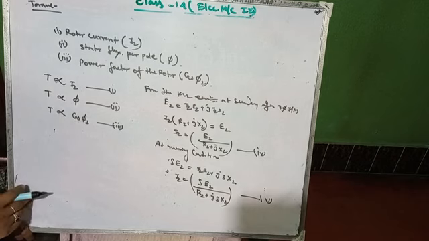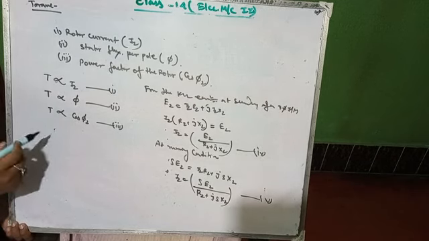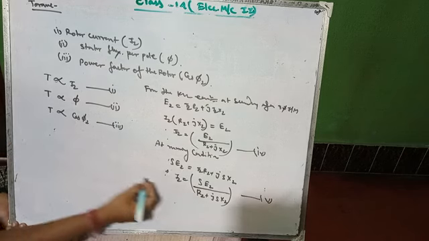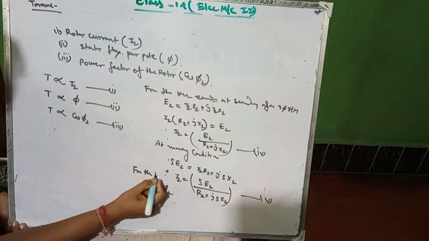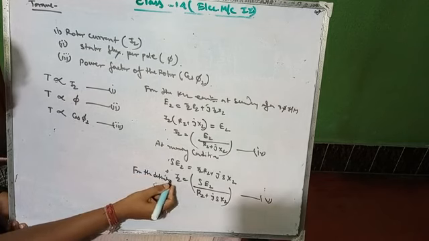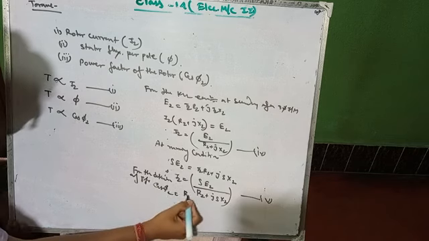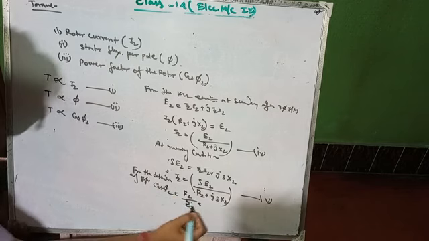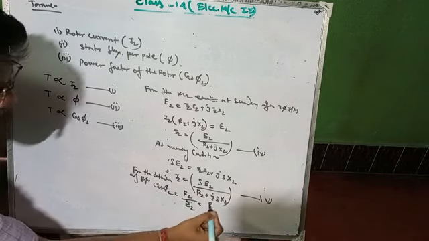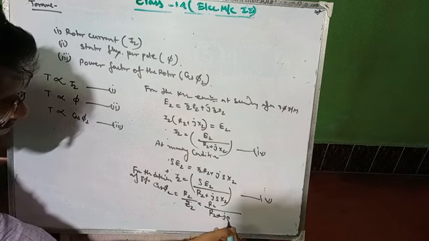Now what is cos phi 2? Cos phi 2 means power factor. From the definition of power factor, cos phi 2 equals R2 by Z2, that means rotor resistance by rotor impedance, that will be R2 by R2 plus jSX2.